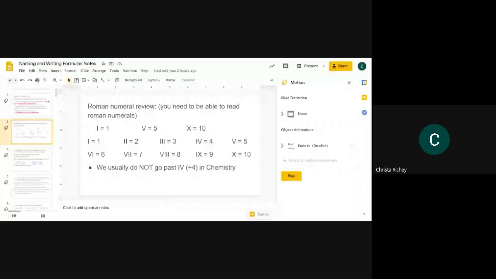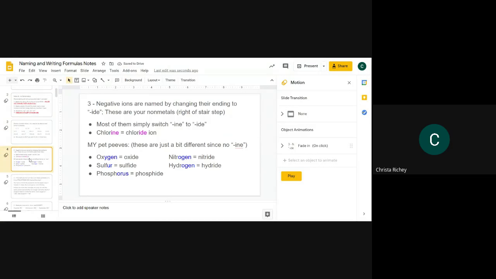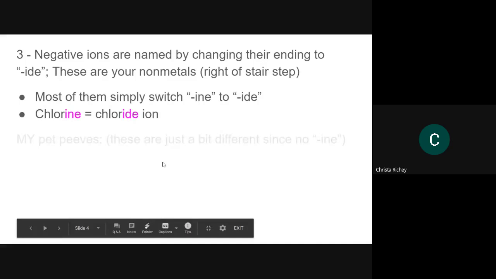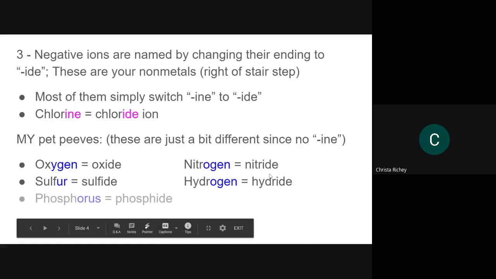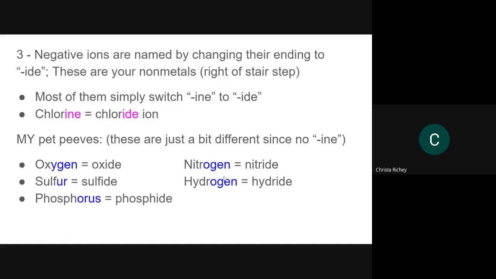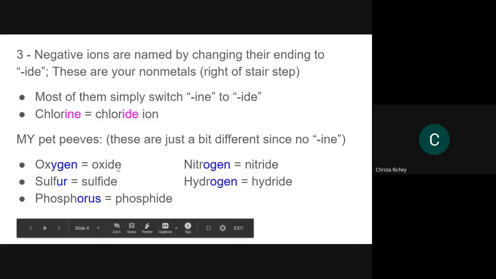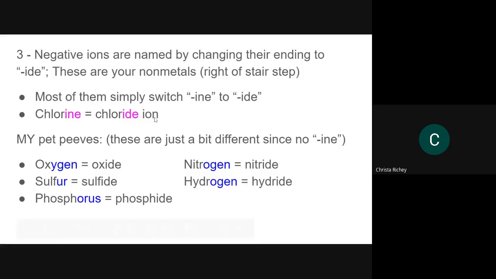The other thing I saw, since I was not recording, is this one. Okay, your negative ions from the periodic table, not the polyatomic ion chart, need to be changed to -ide, and you had better put the word ion on it. That's an easy fix if you left off the word ion. That's not an issue. Your positive ions do not change to -ide.